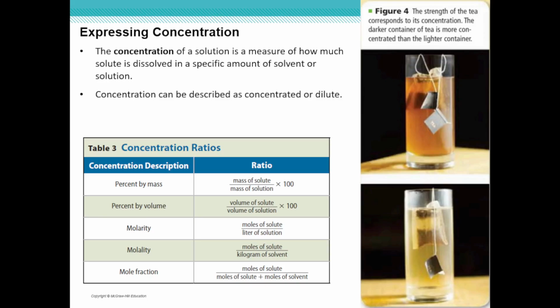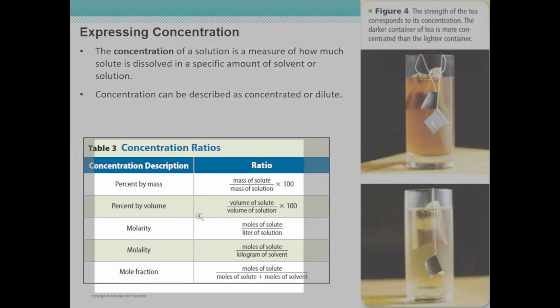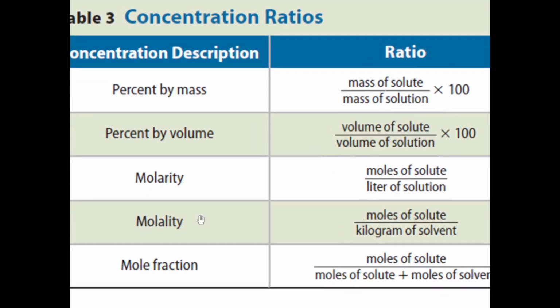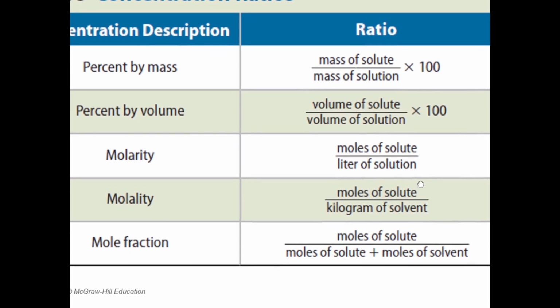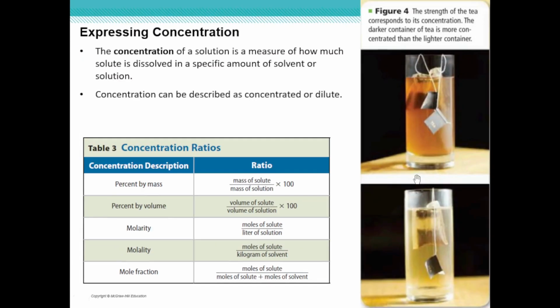The different ways that we can represent concentrations are using these 5 things. We have percent by mass, percent by volume, molarity, molality, and mole fraction. And you could see that all of these, except for this molality one, are going to have something about the solution in the bottom, in the denominator.